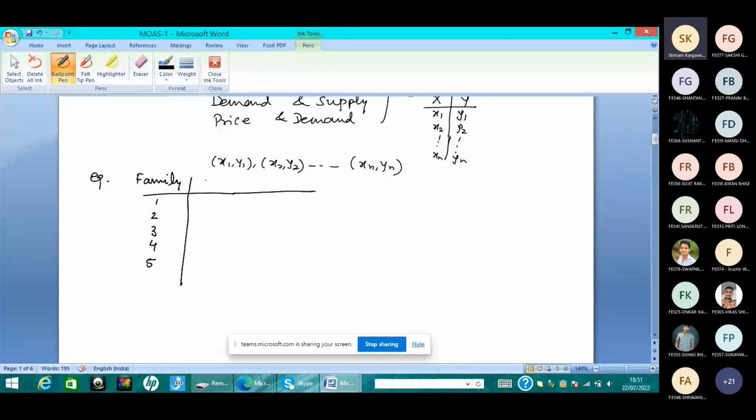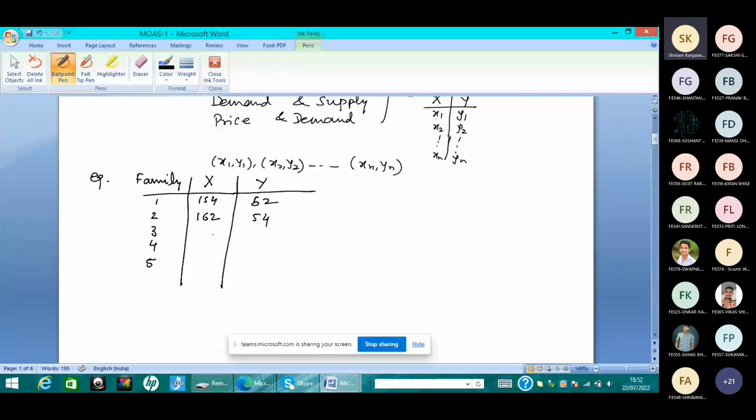My variable X means height, and Y is weight. Height is in centimeters and weight in kgs. The height of the first is 154 and the weight is 52. The height is 162 and the weight is 54, and so on.